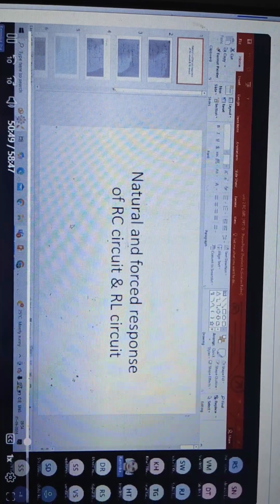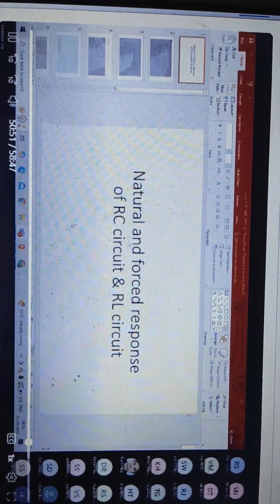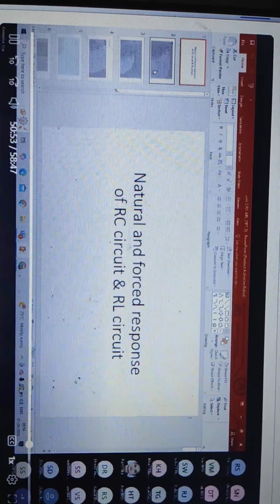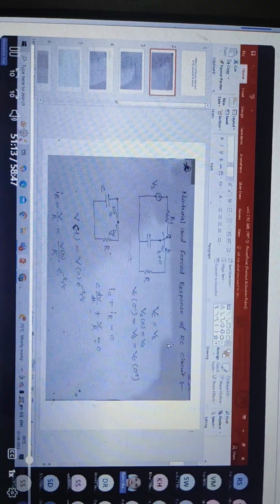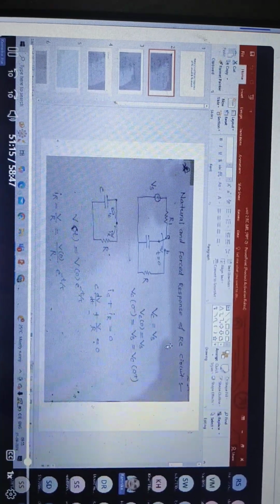Now you can see here, this is the natural response of the RC circuit at t equal to 0. The RC circuit means a series combination of resistor and capacitor.